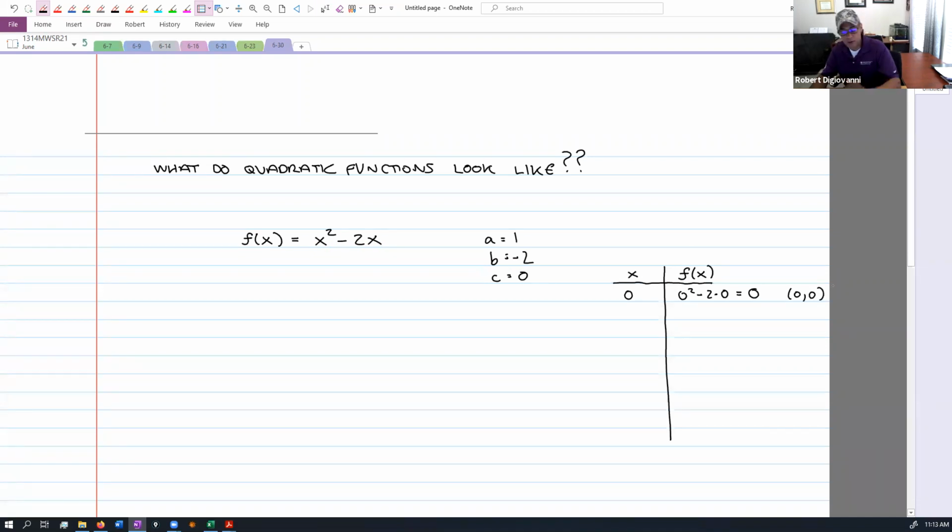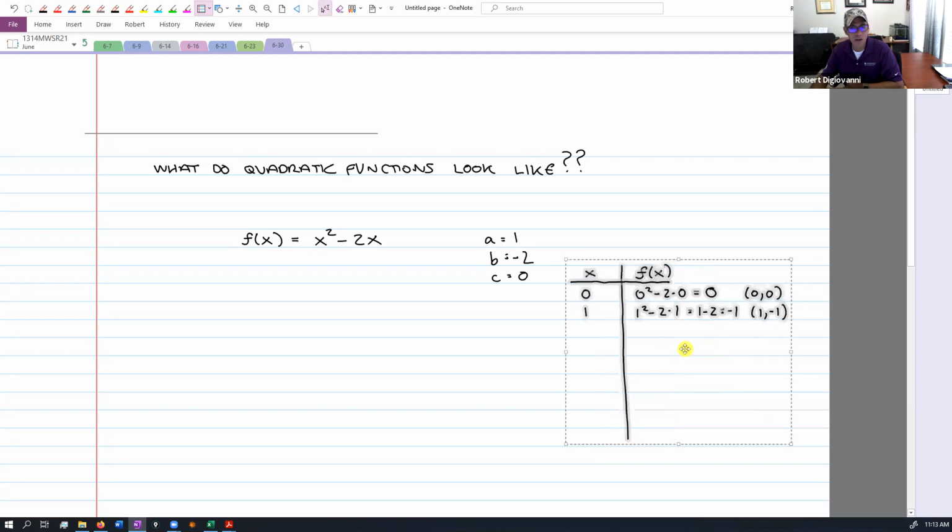What would happen if we plug in 1? We get 1 squared minus 2 times 1. That's 1 minus 2, that gives you -1. So when you plug in 1, you get -1. Are y'all following what I'm doing over here on this table? Just plugging numbers in?